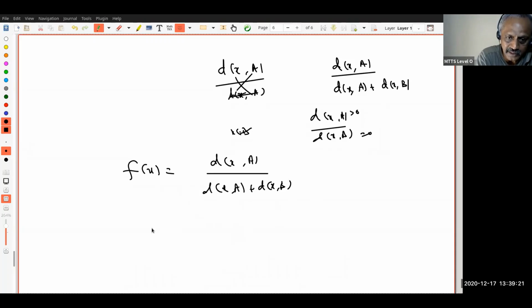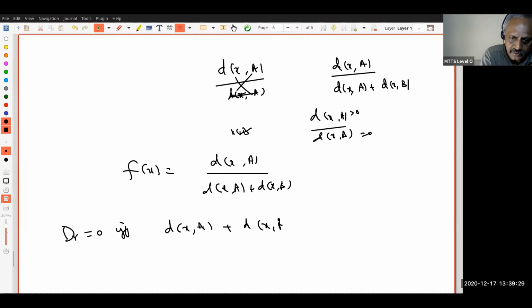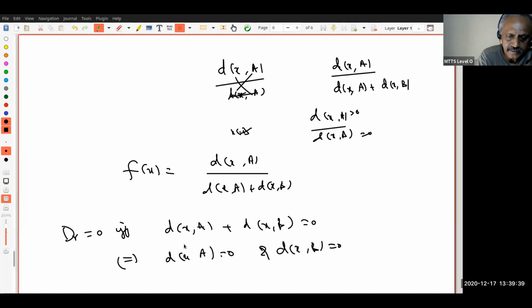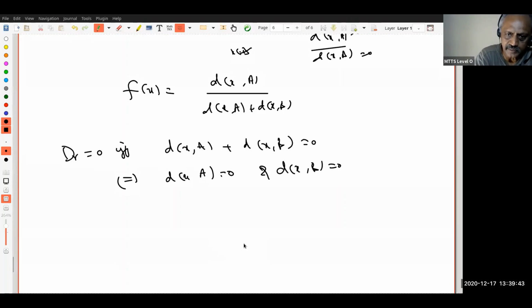When is the denominator 0? The denominator is 0 if and only if d(x,A) plus d(x,B) is 0. That is if and only if d(x,A) is 0 and d(x,B) is 0. Why? Because these are non-negative numbers. The sum of two non-negative numbers is 0. That means each of them must be 0.